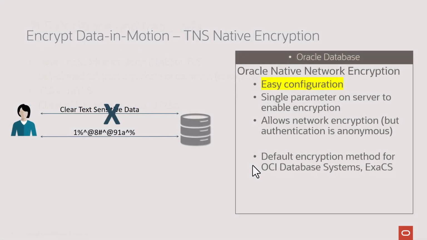Let's review the different choices. One possibility is to use encryption at the Oracle native network layer, and this is sometimes used because it's very easy. You just have to set a few parameters in sqlnet.ora, which is the parameter file for Oracle Net, and it can even be done only on the server.